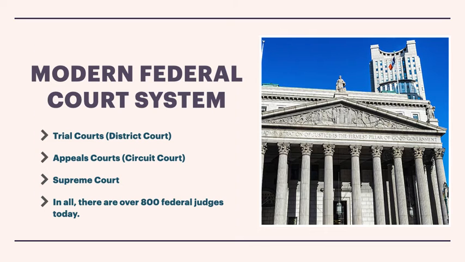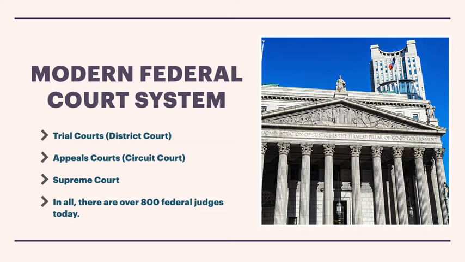The modern federal court system has 3 levels of courts. We have trial courts that are called district courts that are spread out around the country. So if you violate federal law, you can be brought up on charges in federal court. We have an appeals court, which is called the circuit court. So you hear about different circuits.